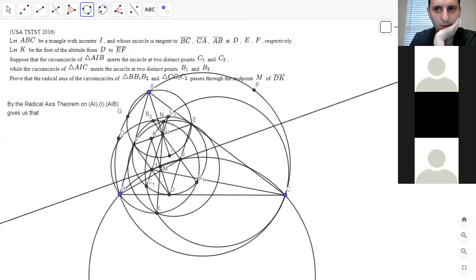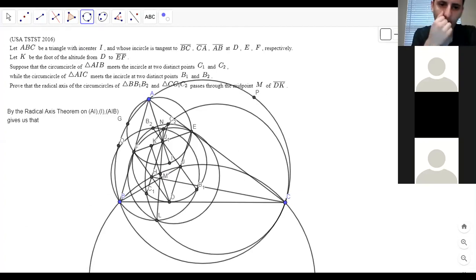Oh yeah, that's right, they're collinear. So if we show they're collinear, that would solve it.